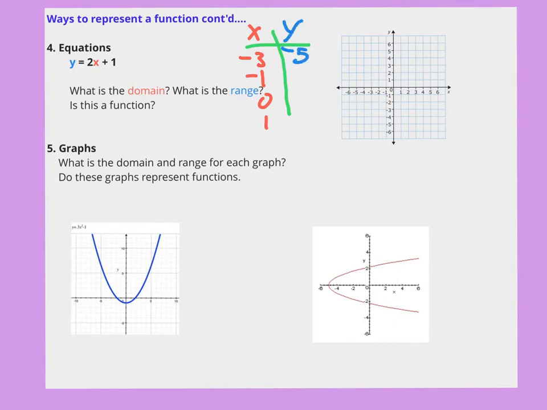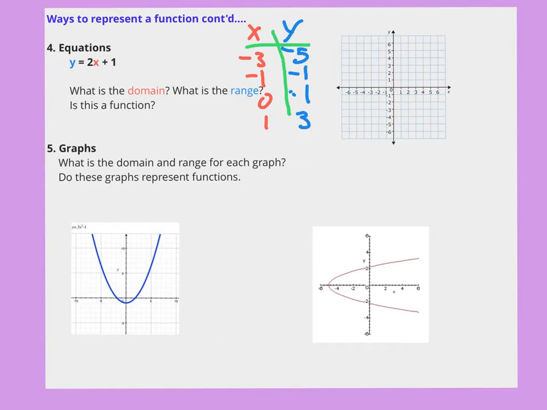If I put in -1, 2 times -1 is -2 plus 1, which gives me -1. If I put in 0, 0 plus 1 is 1. And if I put in 1, 2 times 1 is 2 plus 1 more is 3. I can continue this on. It looks like for every input I'm getting exactly one output. Also, I know I can put negative inputs in and I can put positive inputs in to get my answer.